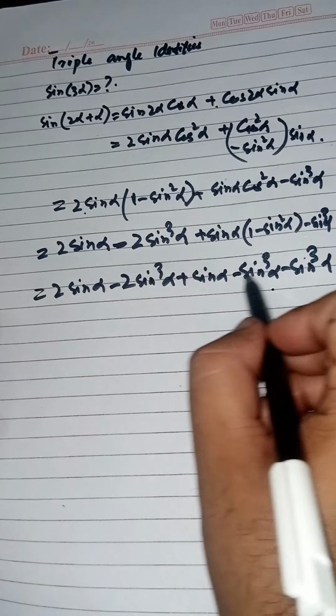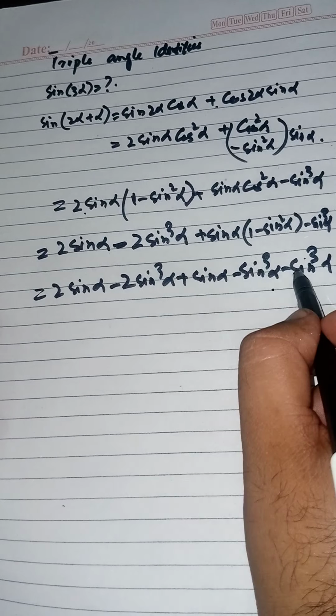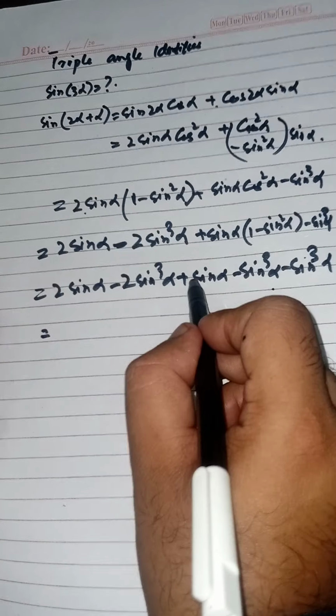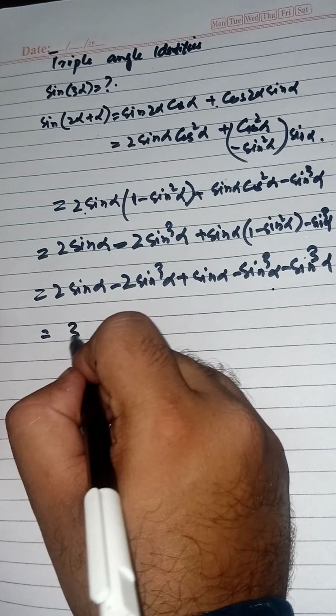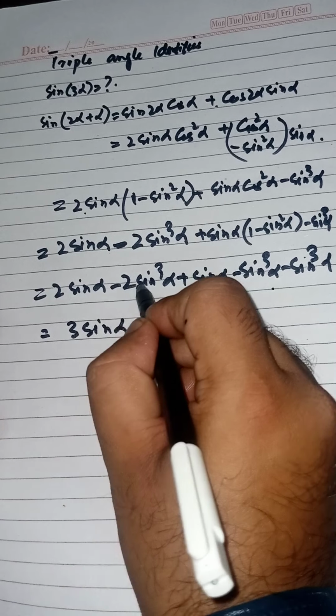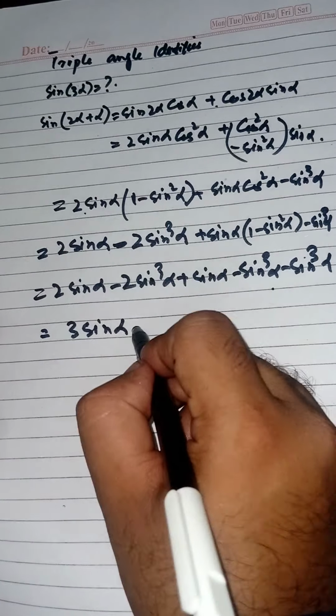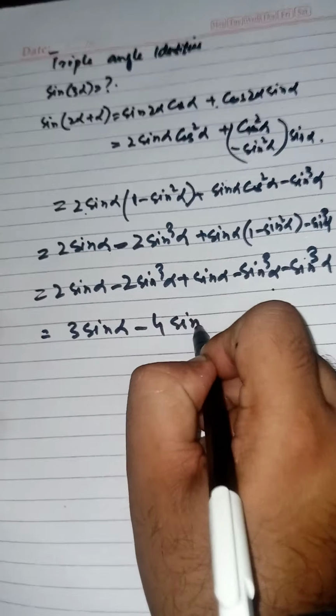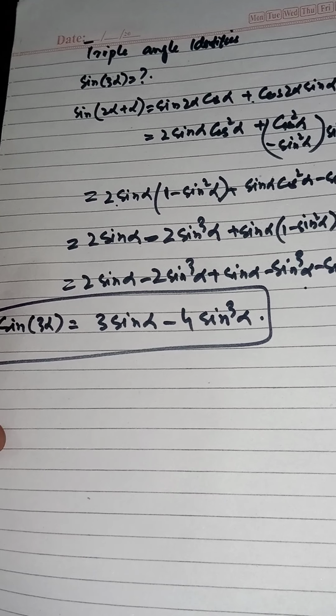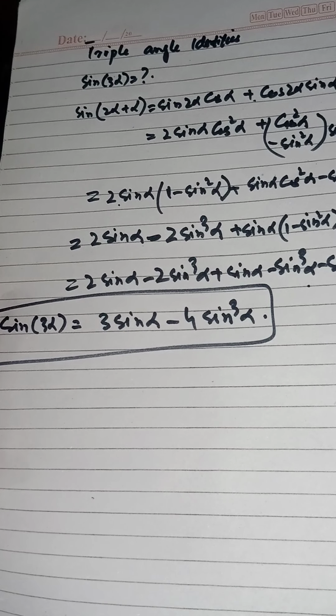So 2 sin alpha plus sin alpha is 3 sin alpha, and minus 2 minus 1 is minus 3, and so minus 4 sin cube alpha? No: minus 2 minus 1 minus 1 is minus 4 sin cube alpha. So sin 3 alpha is equal to 3 sin alpha minus 4 sin cube alpha.